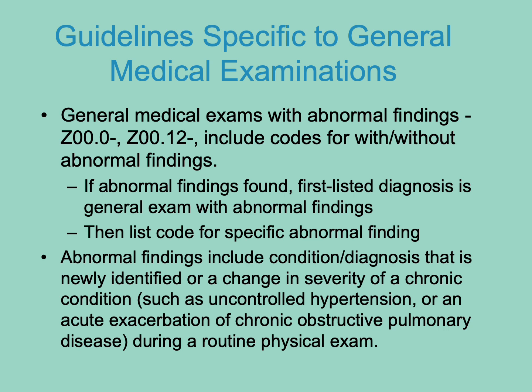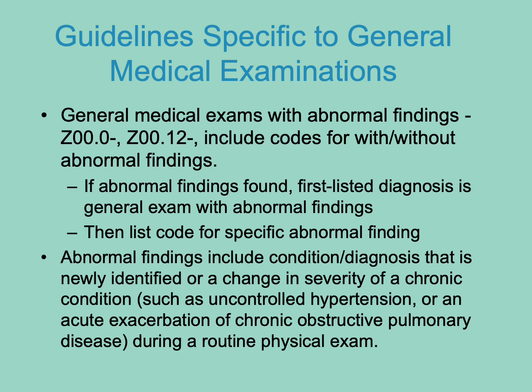This is when an abnormal condition is discovered during the exam. Again, the definition of abnormal findings sounds a lot like the definition in the UHDDS. Abnormal findings include conditions or diagnoses newly identified, or a change in severity of a chronic condition, such as uncontrolled hypertension or an acute exacerbation of COPD during a routine physical exam.